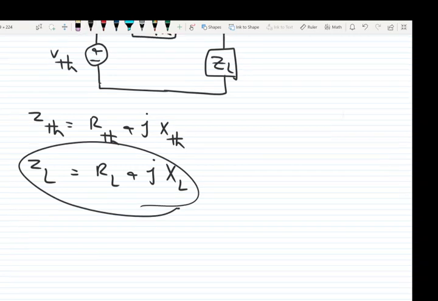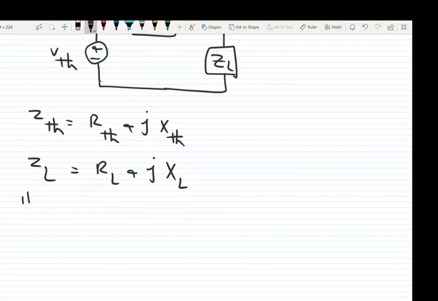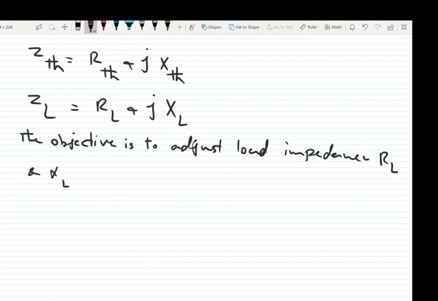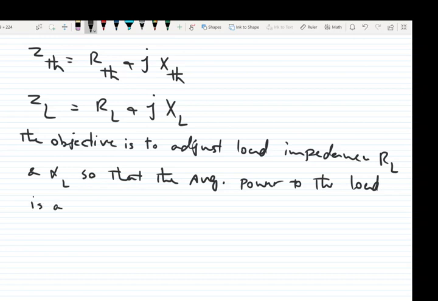So let me just write it here: the objective, or goal, is to adjust the load impedance RL and XL so that the average power to the load is a maximum.